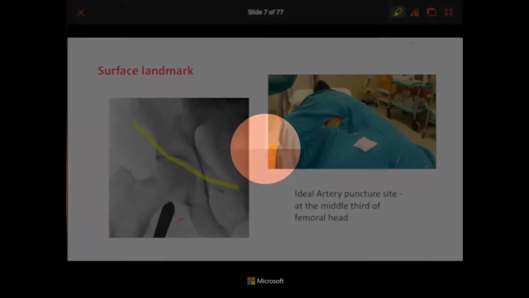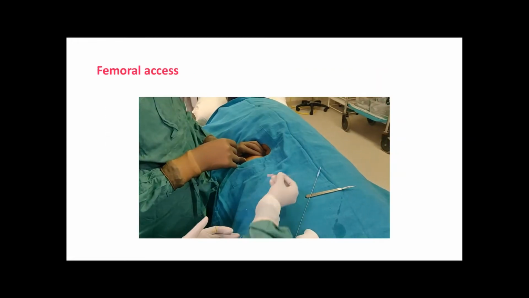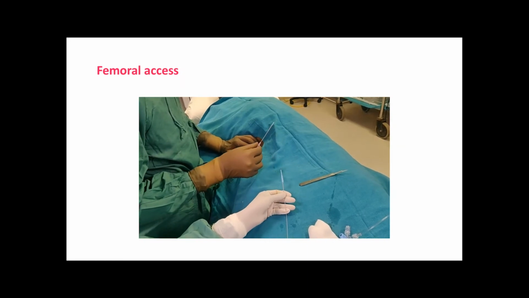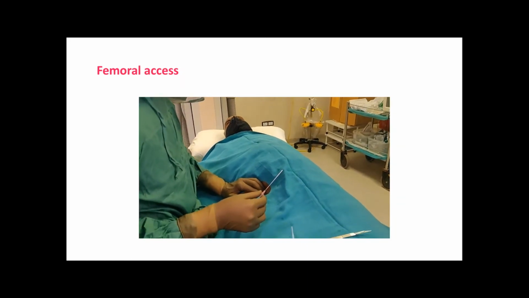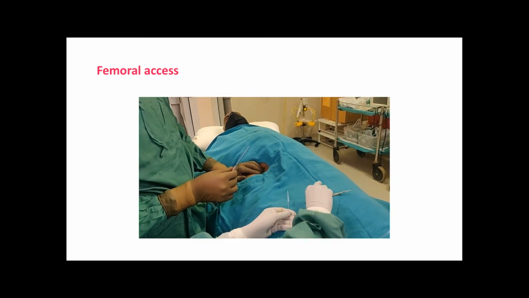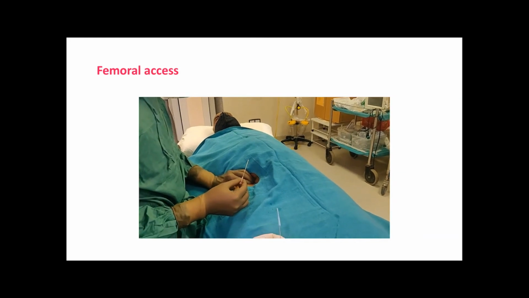So by now we know where we have to puncture over the skin. Let's see an example here, a case being done where we are going to have a femoral access. You feel the artery with three fingers or two fingers, whatever you prefer.